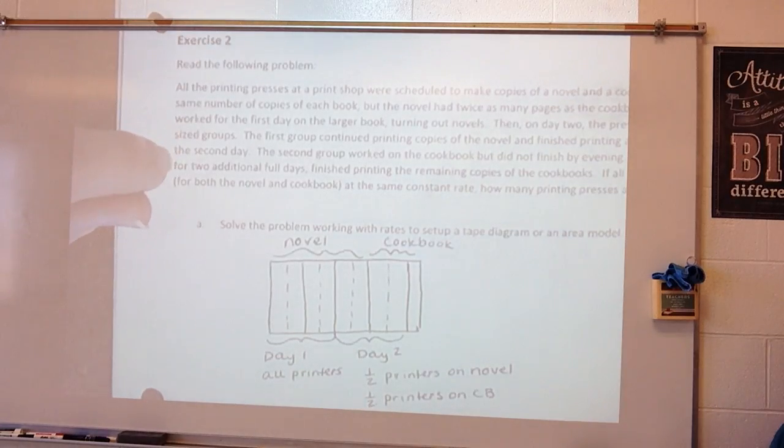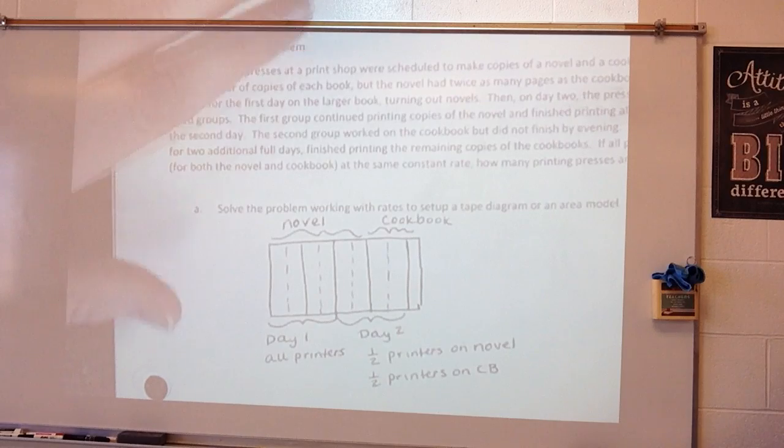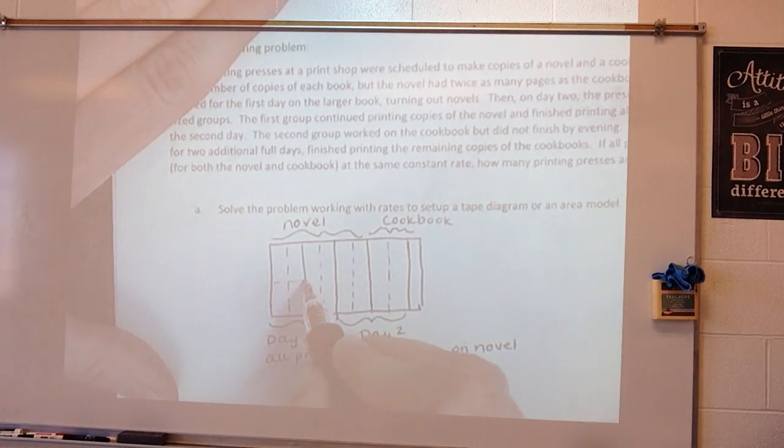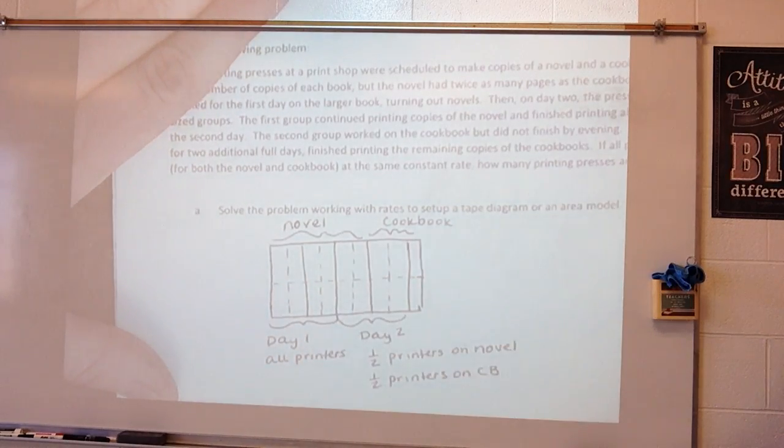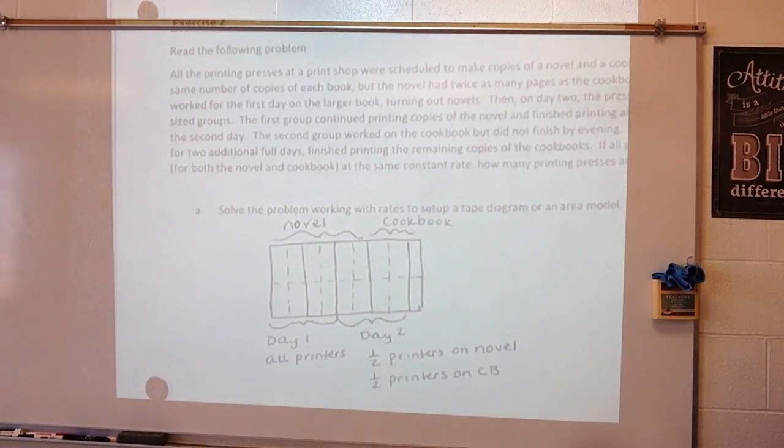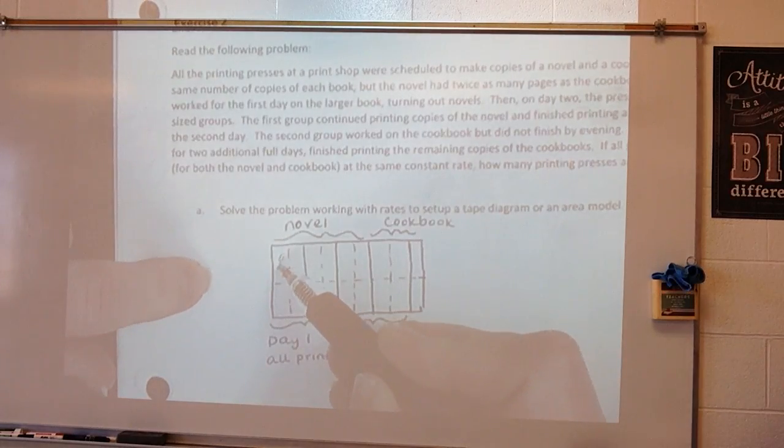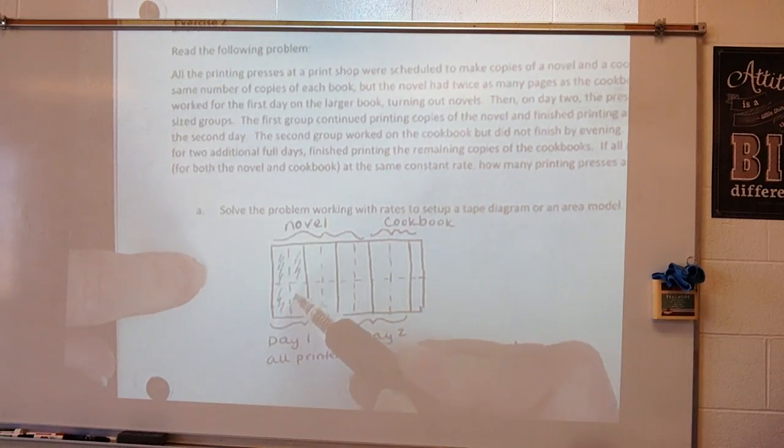I'm just using a dashed line to divide this. So we can see that 8 printing presses worked on the novel job on day 1.